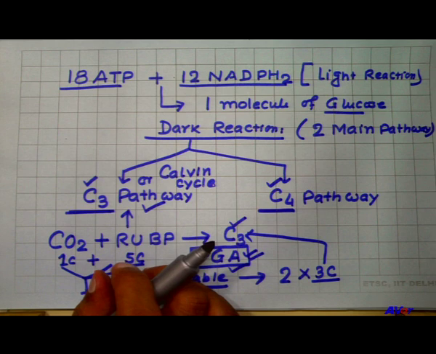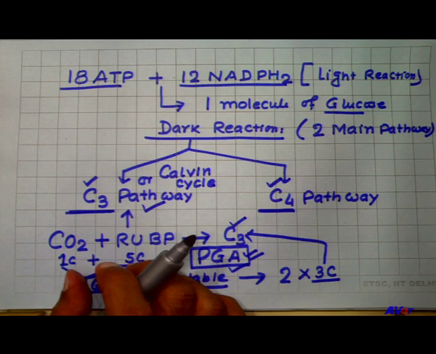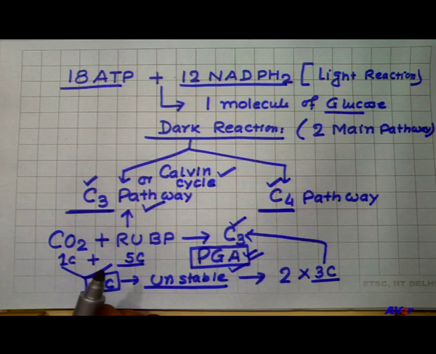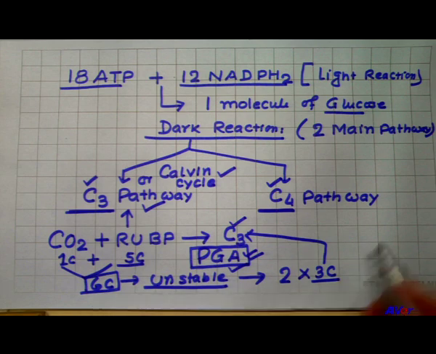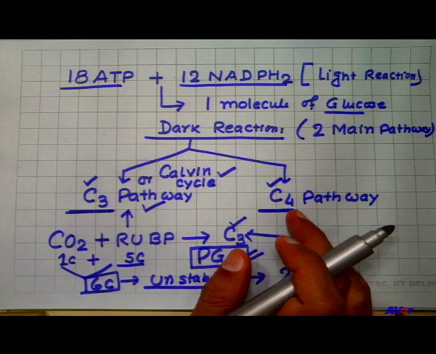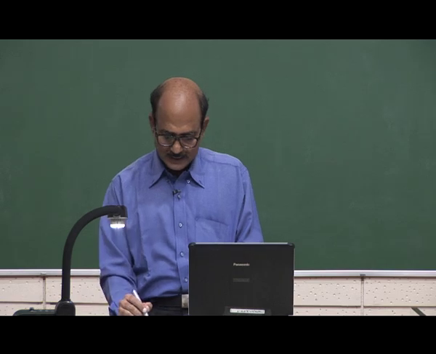So, now we can say the dark reaction is called the C3 pathway, Calvin cycle, or the biosynthetic pathway.